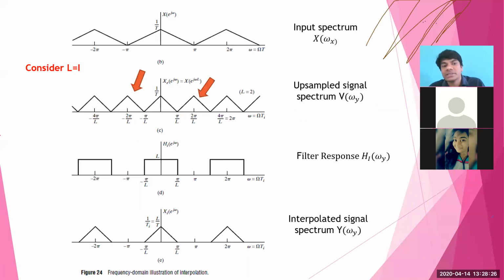Since I'm passing this through the low pass filter, you can see the images pointed out with red arrows, and the same images are being filtered out here. So that is the benefit of using the anti-imaging filter.